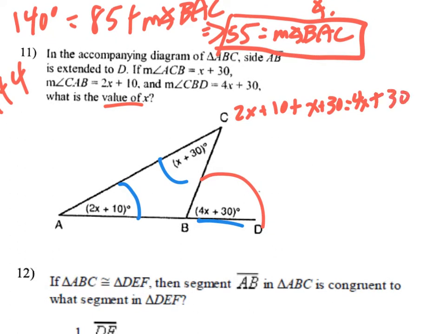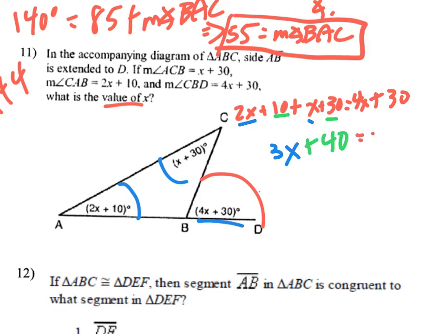So I'm going to just combine some like terms here, right? So I have 2x and x as my like terms on my left-hand side, so I'm going to combine them to get 3x. I have 10 and 30 as my other like terms on my left-hand side, and so I know that that combines to 40.